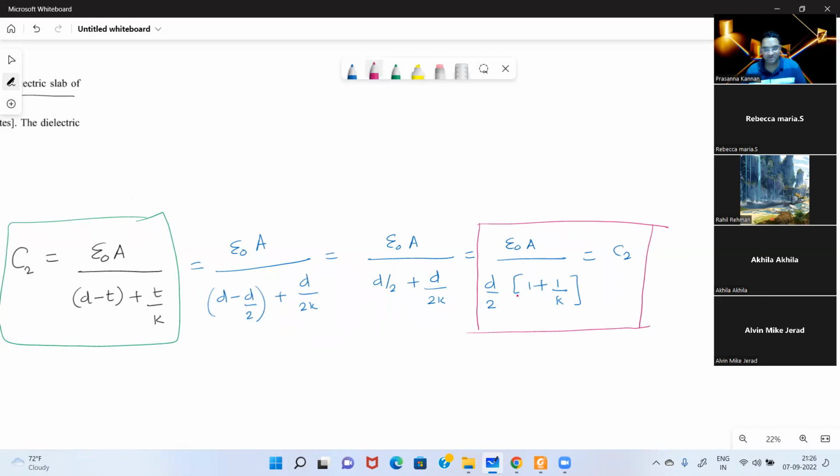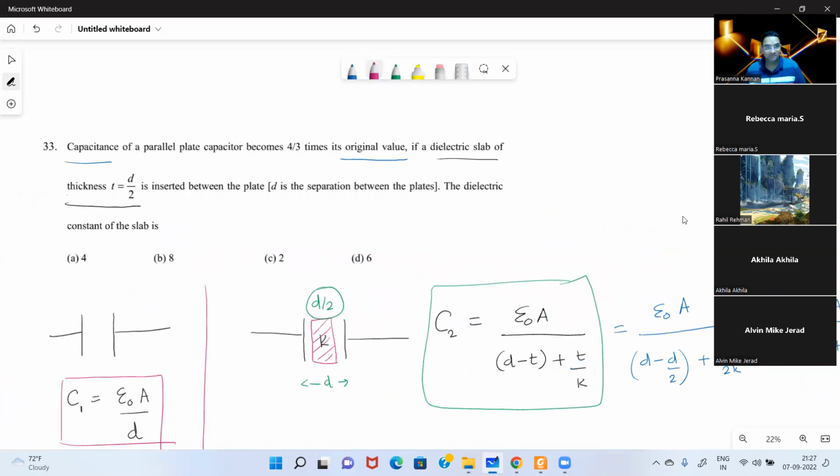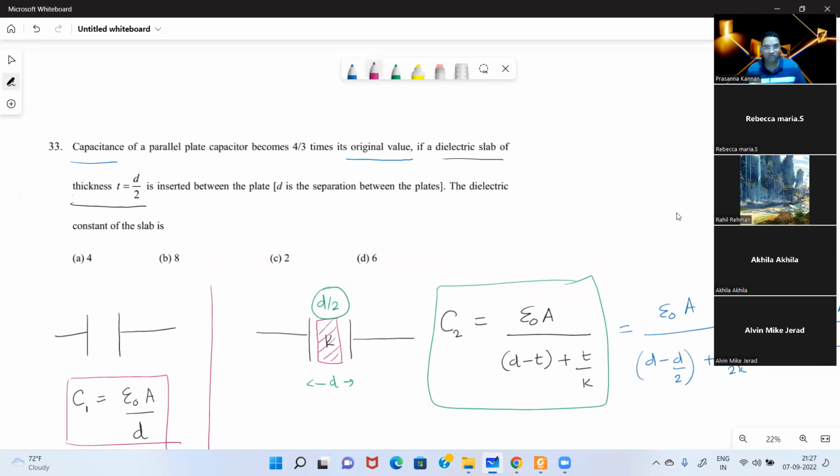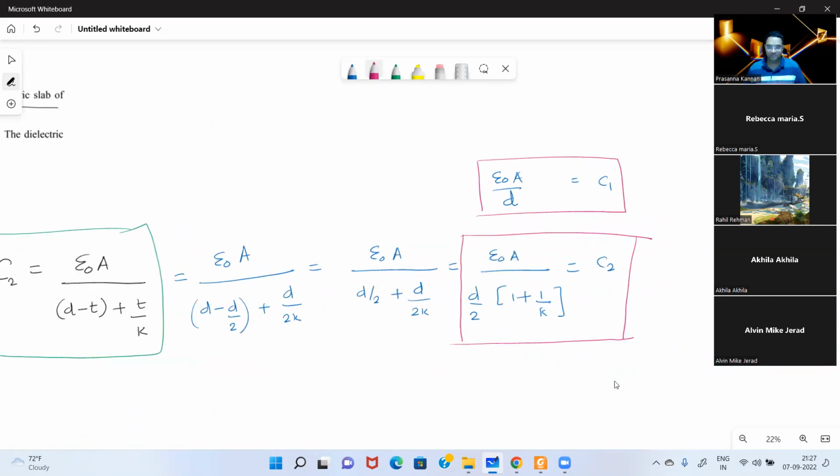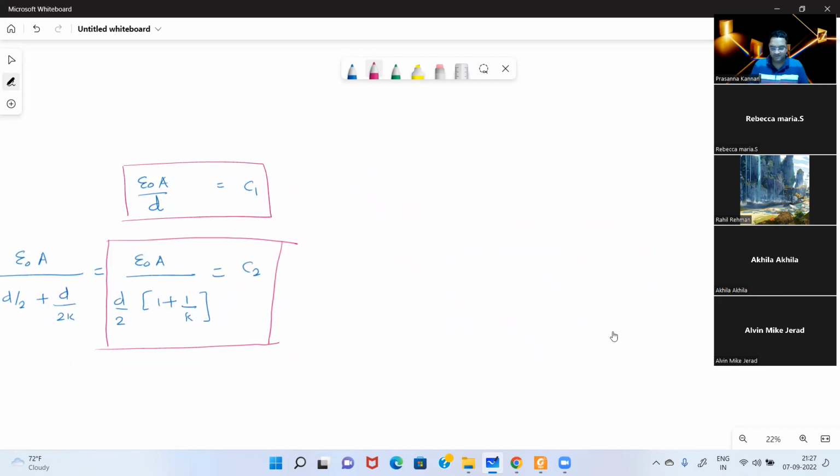What is the first capacitance? The simple one: C1 is equal to epsilon naught A by D. Now what is given in the question is that the second capacitance is 4 by 3 times the first capacitance, right?